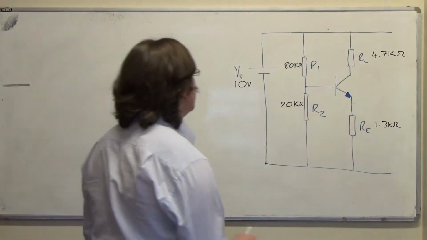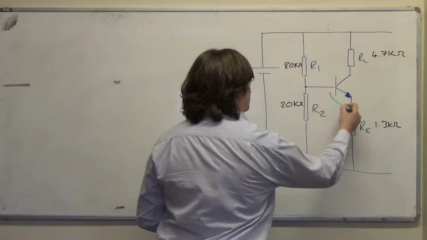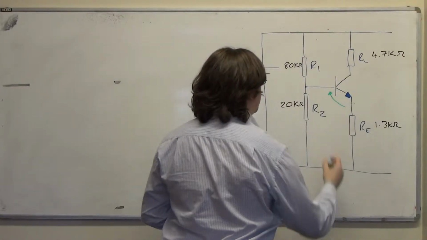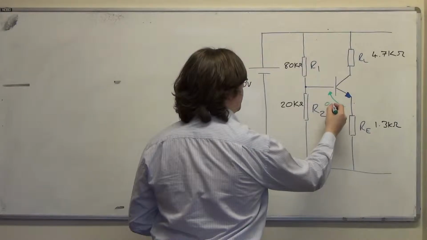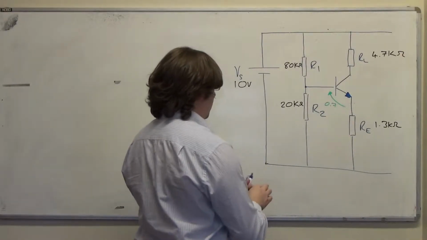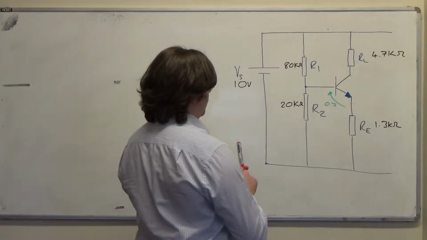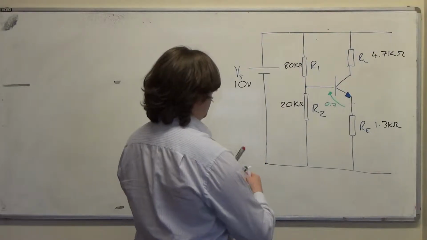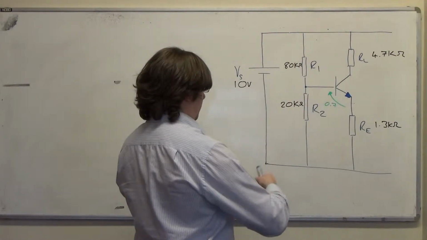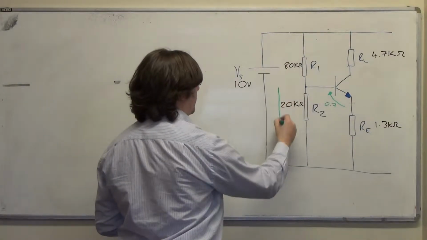So we know about this voltage here. We know it's 0.7, and we can work out pretty quickly what the voltage across the base will be. Well, the voltage from the base to ground.